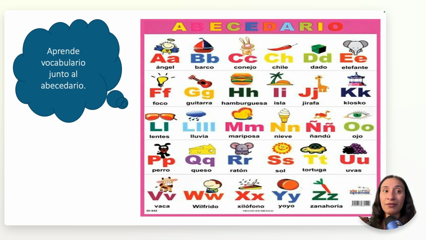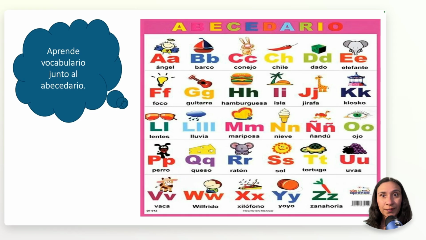So learn vocabulary with the ABC, because then you are referring to the ABC with a word. For example, if you have the word ángel, you're gonna say, oh, A de ángel. So you are putting a word to that letter, that vowel in this case, la vocal A. A, ángel.